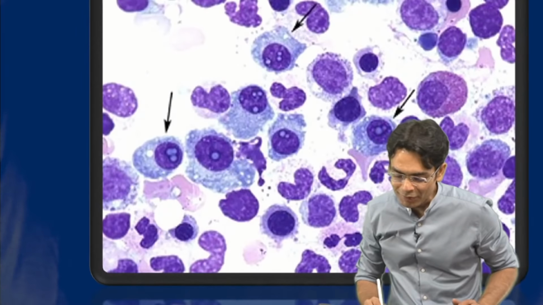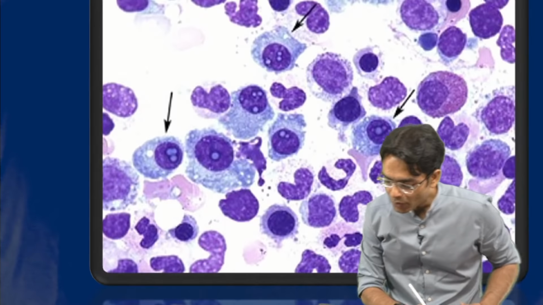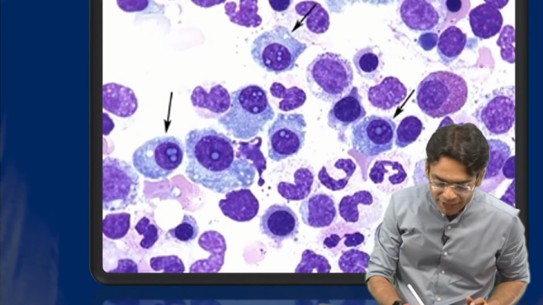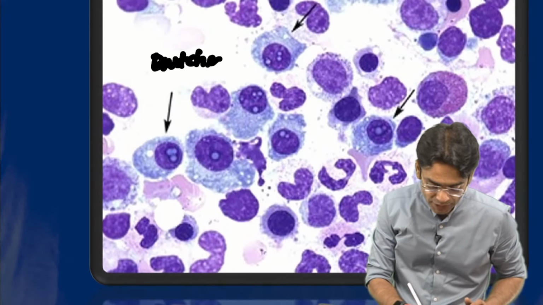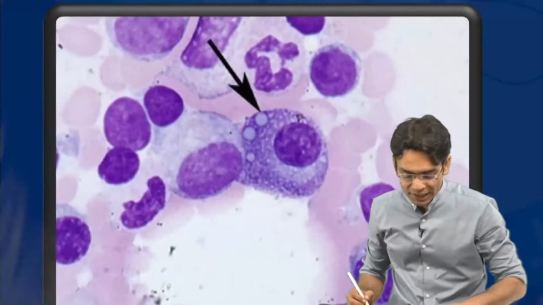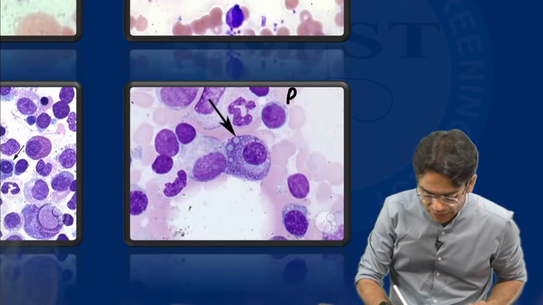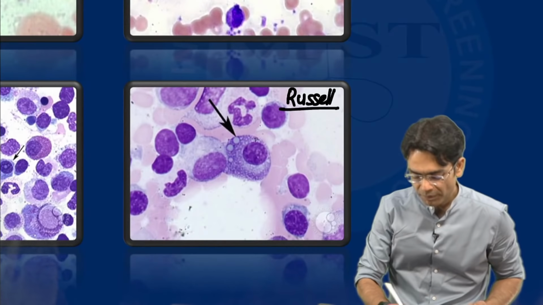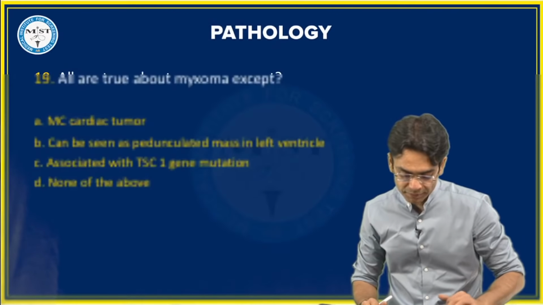Yeah, Prerna, they are flame cells. So inside the nucleus, we are talking about Dutcher bodies. And lastly, when we have the deposit inside the cytoplasm, these are your Russell bodies. Very good, guys.